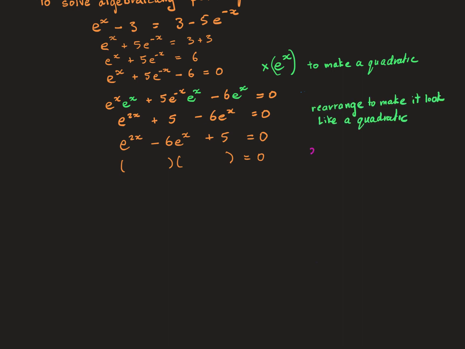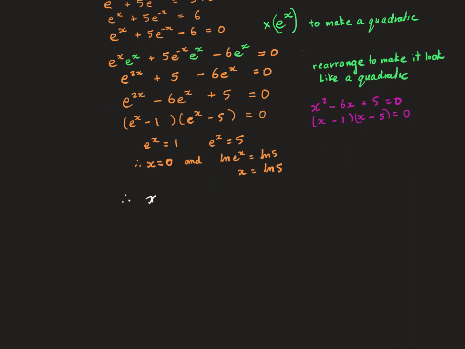Just pretend it's x squared minus 6x plus 5. Now just translate this into (e^x minus 1)(e^x minus 5). And let e^x be equal to 1, and therefore e^x is equal to 5. Therefore x is equal to 0, or x is equal to ln 5.